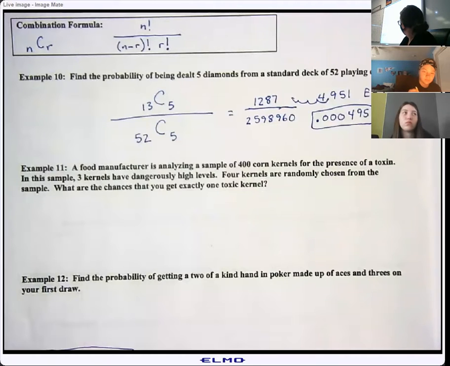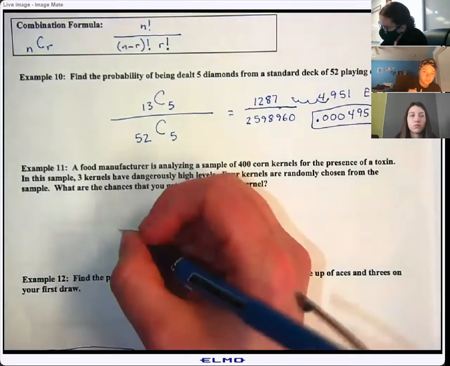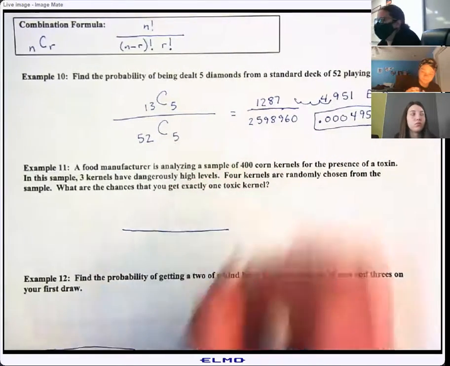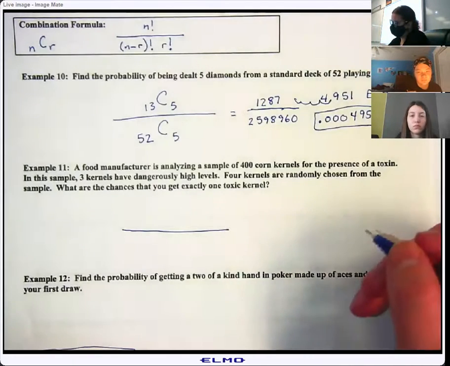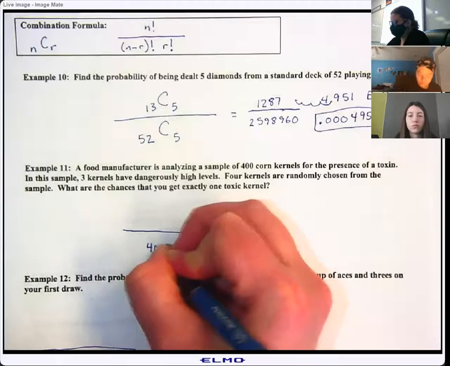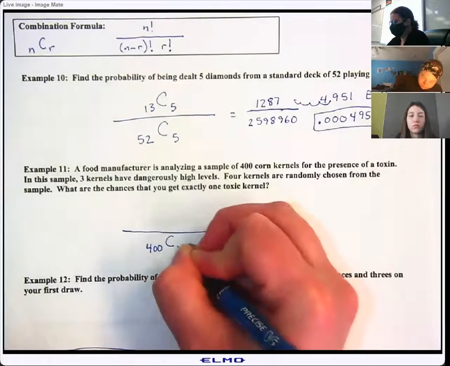Then 4 kernels are randomly chosen from the sample. What are the chances you get exactly 1 toxic kernel? Does it matter the order in which I'm picking these kernels, or does it just matter how many toxic ones I have? Order doesn't matter, I agree. So we've got 400 corn kernels and we're choosing 4 of them.